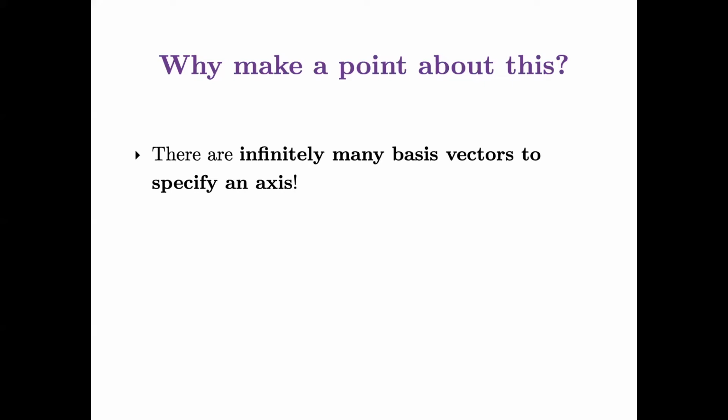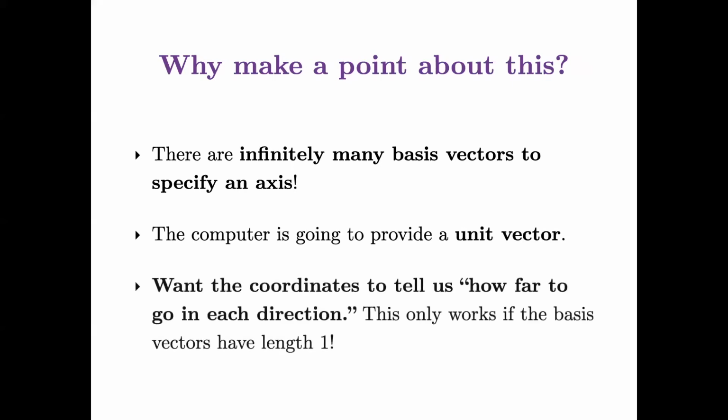But the computer is always going to provide a unit vector. There's more than one reason for this, but the main reason is that we want the coordinates to tell us how far to go in each direction, meaning how many units I walk in each direction. And this only works if those basis vectors have length 1.